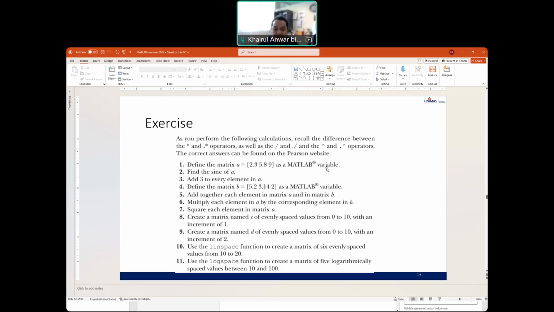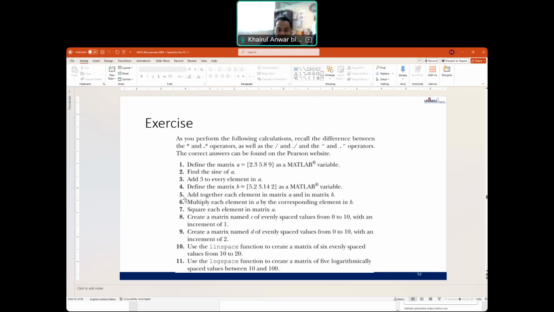So define A, add 3 to every element in A. So add 3. So this is addition.